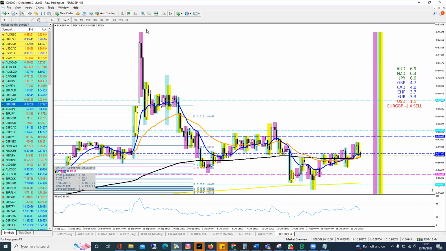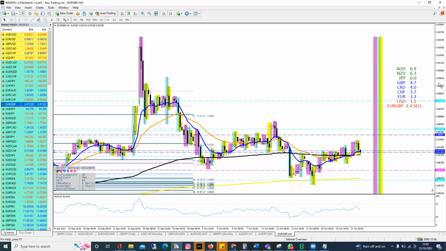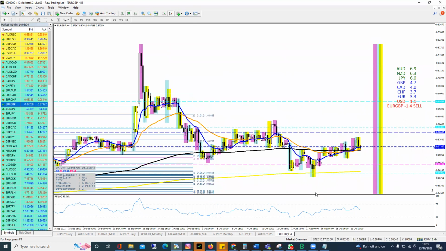euro pound. So as price moves from high to this low, it gives us a lower high, a lower low, another lower high, and then a lower low, and then a potential possibility for a lower high, right? And we can see that the order flow is literally pressing to the downside on this 4-hour chart.